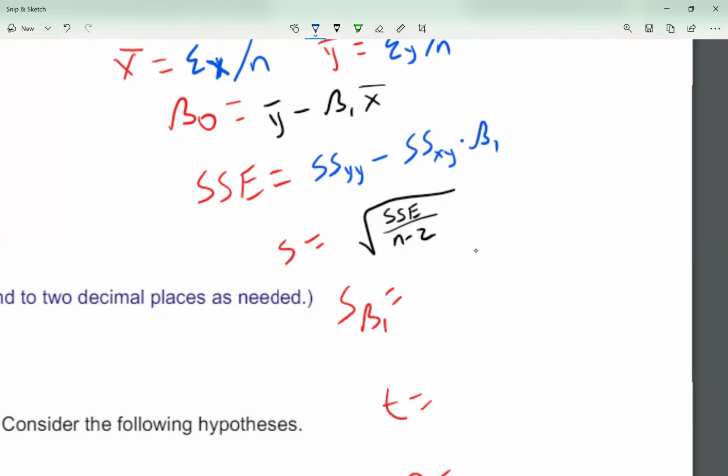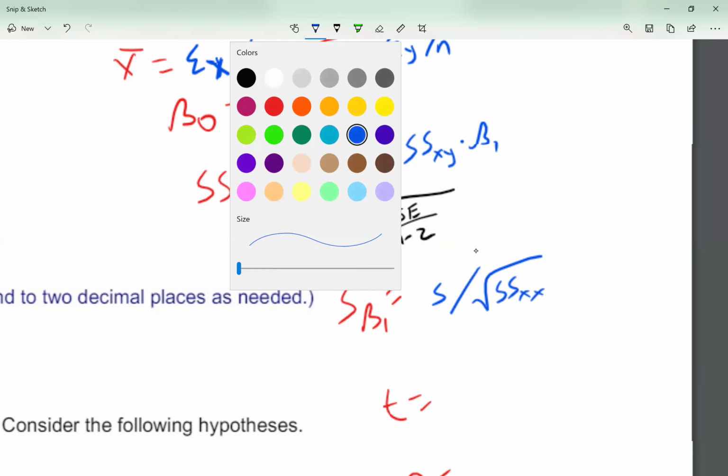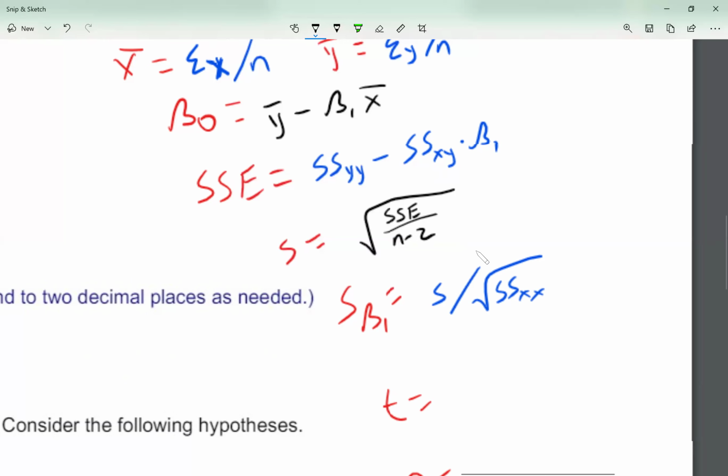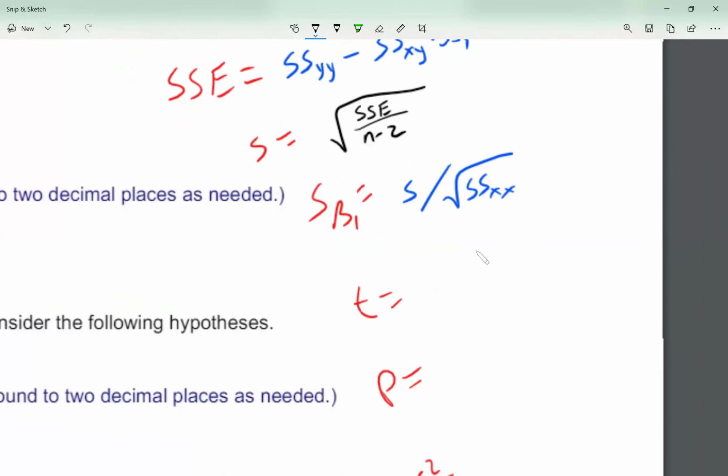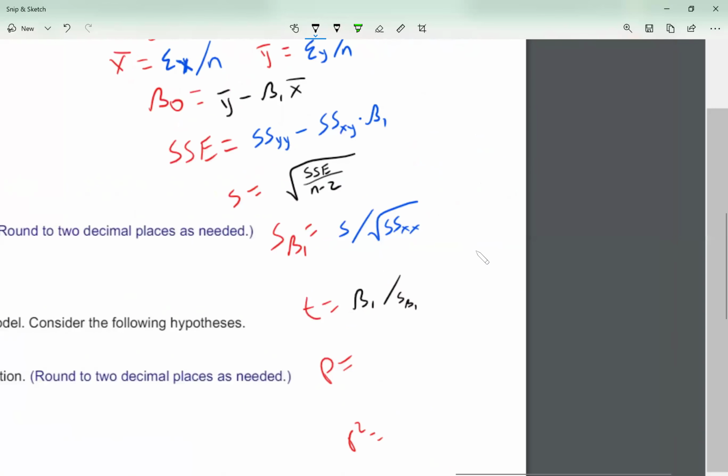That one we do S divided by the square root of the sum of the squares of x, x. And our t-score here is going to be beta 1 divided by S of B1. Okay.